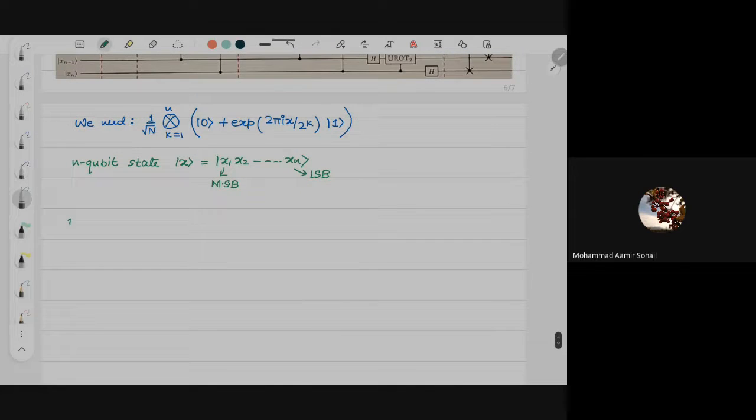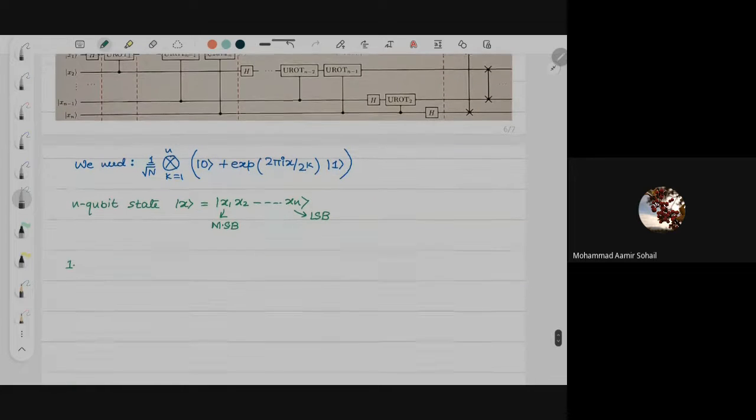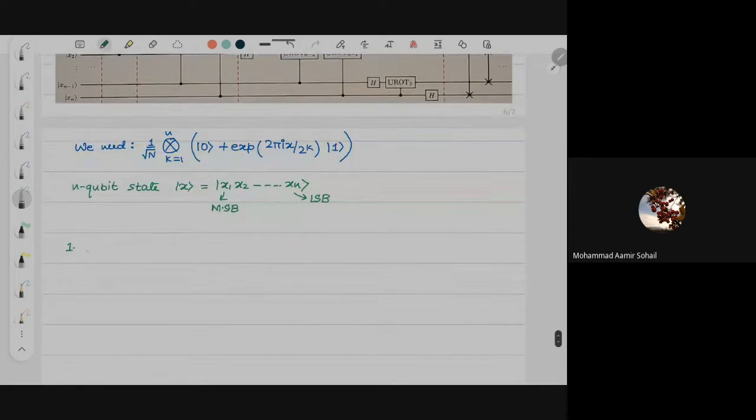Now the first step is we apply the Hadamard. This one is the Hadamard, and we apply it on x1. When we apply the Hadamard on x1, I'm not writing H tensored with I, it is understood that we are just applying H1 on the first qubit, not the rest.